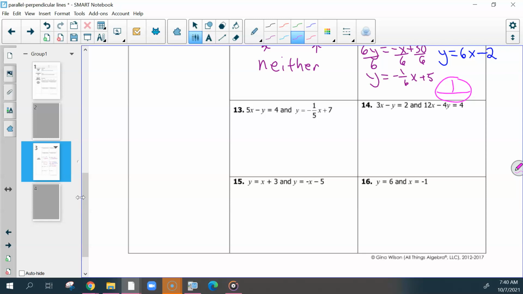For y equals 6, what type of slope will that be? For x equals -1. So looking at those two slopes, are they parallel, perpendicular, or neither? Even though they don't look like they're negative reciprocals, 0 and undefined are always negative reciprocal slopes.